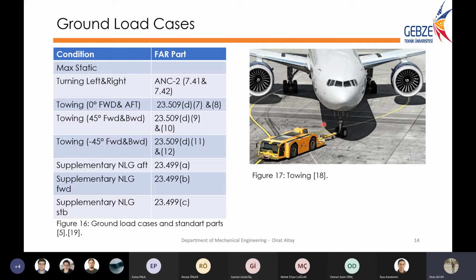And towing is to transfer the aircraft from one place to another with some machines. I have no exact definition of supplementary, but I applied it to the static case.